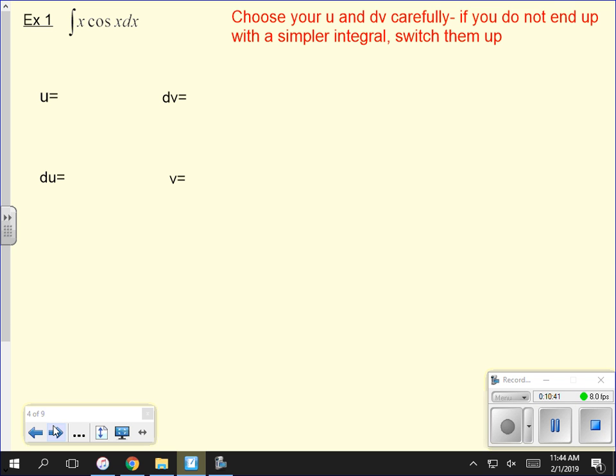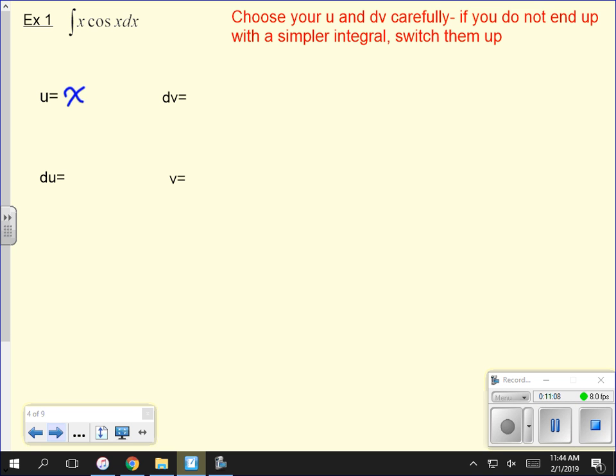So I have to pick my u. Do I have a logarithm? No. Do I have an inverse trig function? No, thank God. Do I have a polynomial? What's my polynomial? x. x is my polynomial. I let u equal x.